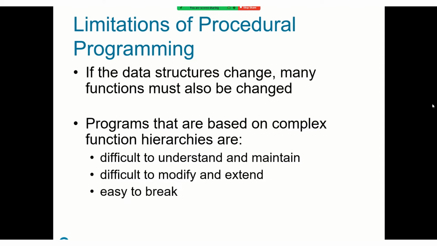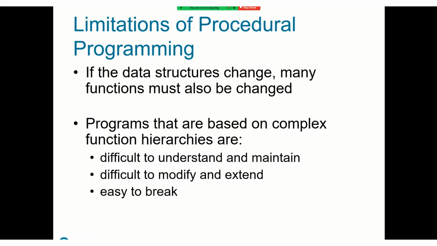In procedural programming, if you change the structure of the data, for example, your functions may change as well. If you add some new parameters to the data, then you have to change the function.